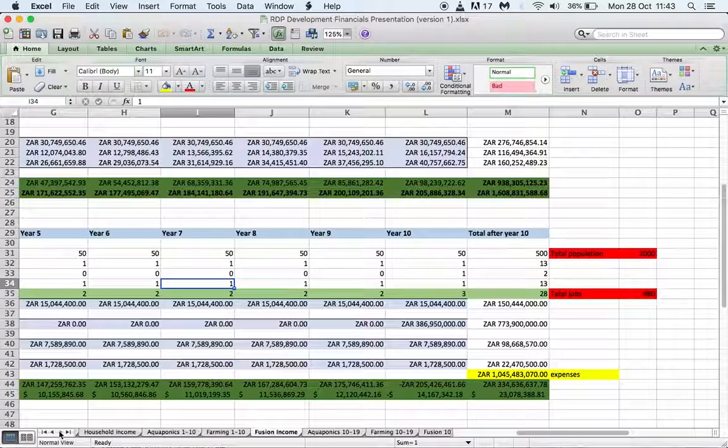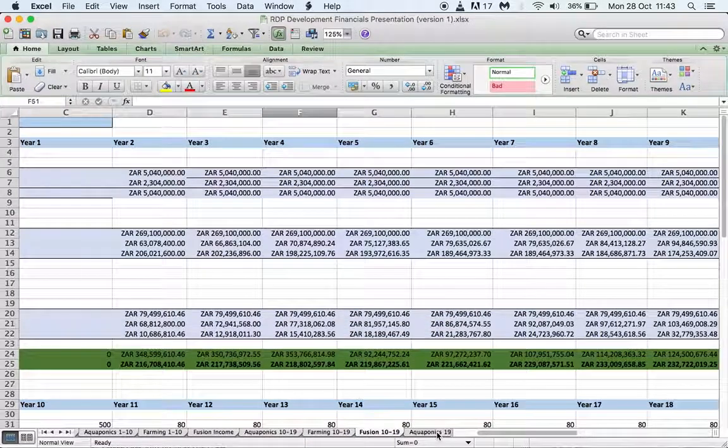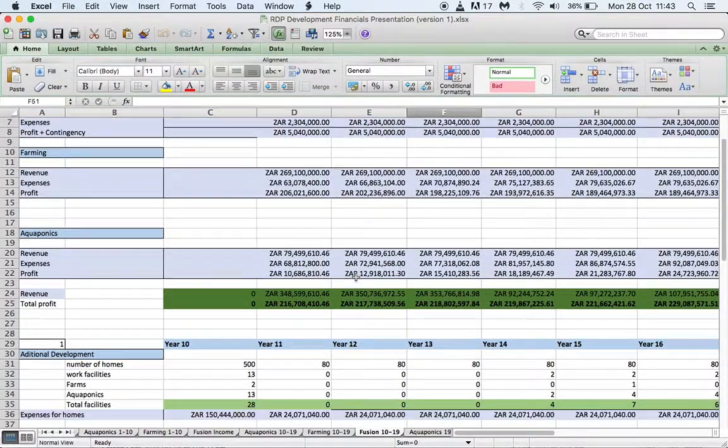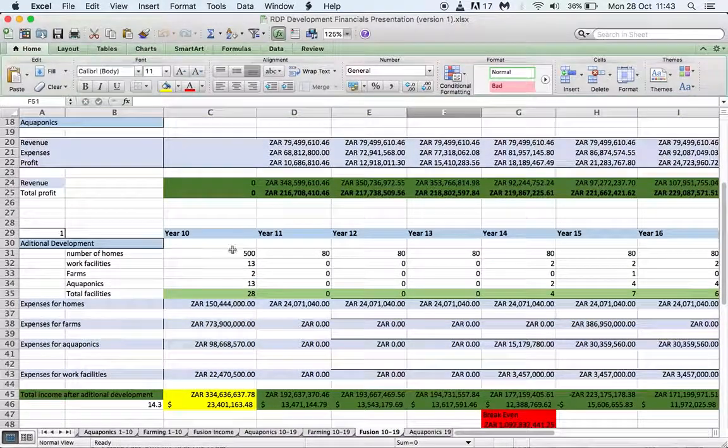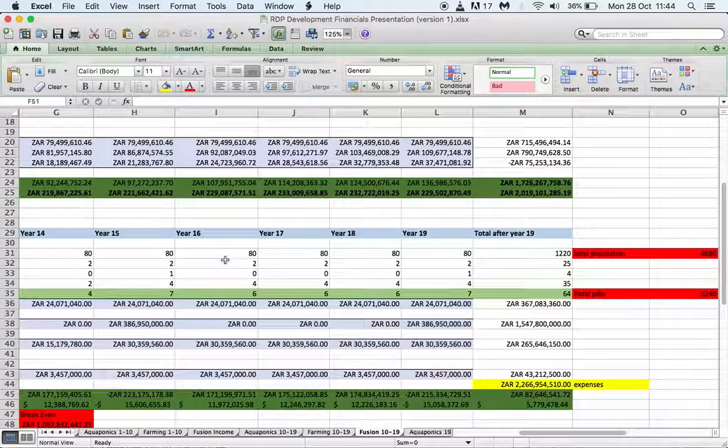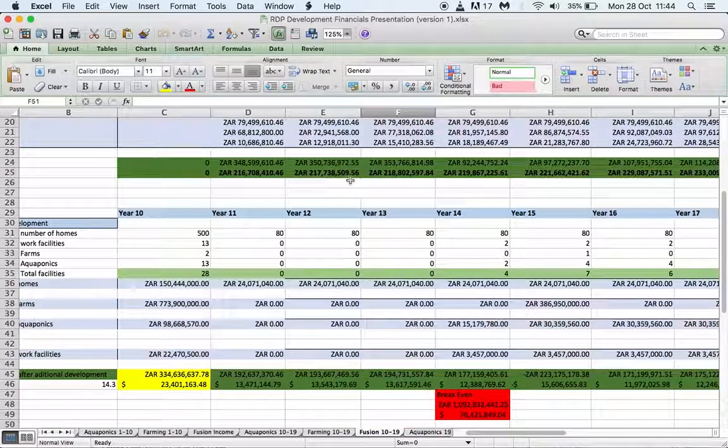And then you look at another page that shows you starting from year 10 and going out to year 19. You're looking to break even at year 14.